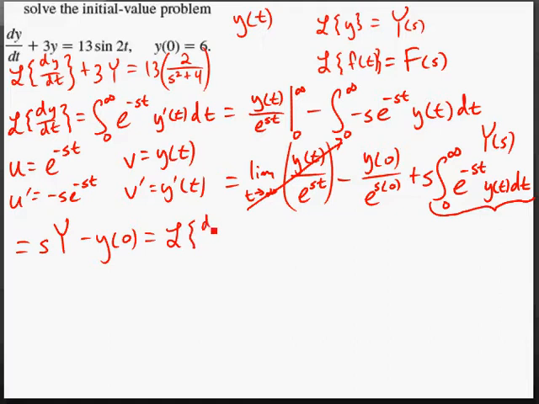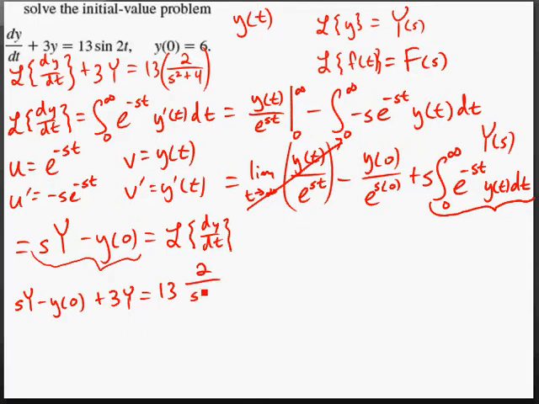Now, the way this would work is I would take this right here and plug that into the Laplace transform here. So what this whole thing winds up turning into is sY minus y of 0. That right here is your first term, plus 3Y equals 13 times 2 over s squared plus 4.